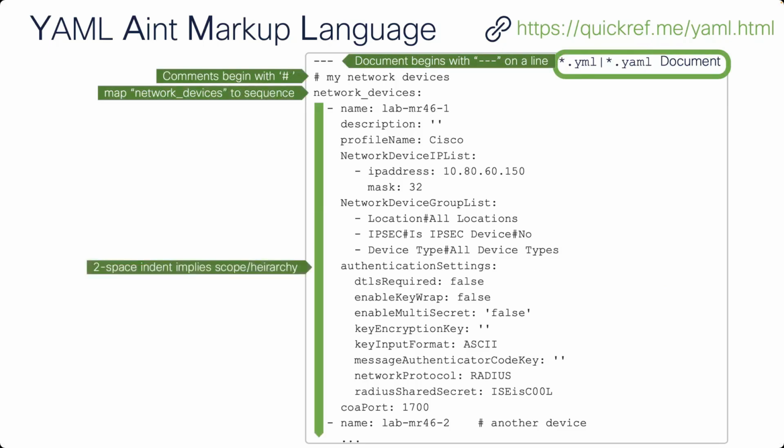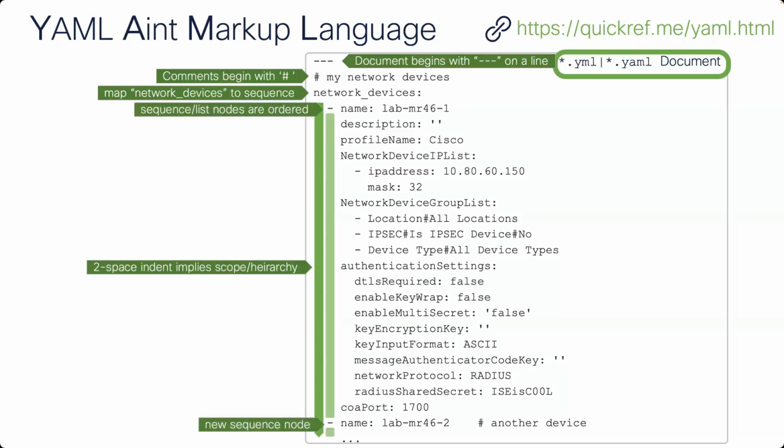You have your sequence here. This is your main device. When we were looking at the JSON, that was our object. Remember, the squiggly brackets were our main object. And then we have a 2-space indent that says this object below belongs to the object network device.